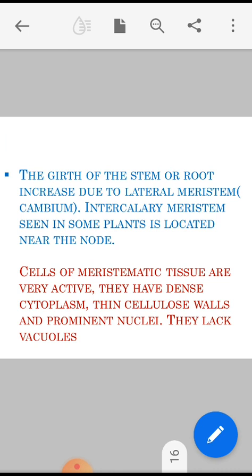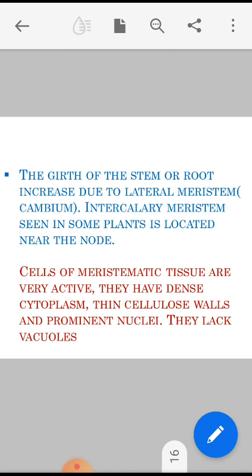I am coming back to the point again because I want to prove, as we have done in the activity, I have mentioned these functions again so that you can recall and now understand it well. Intercalary meristem is seen in some plants, that is located near the node. अब आपको पता चला कि नोड कहाँ होता है और इंटरकैलरी मेरिस्टम कहाँ होता है.